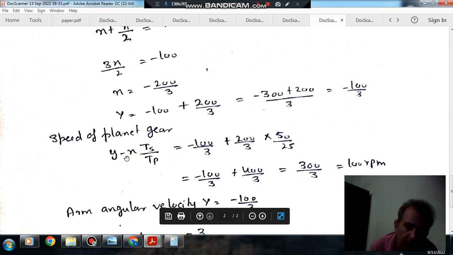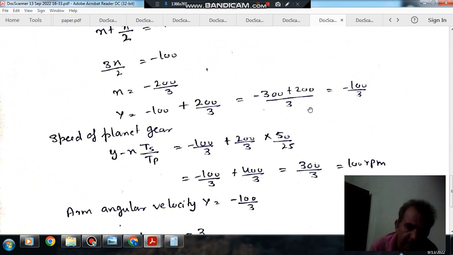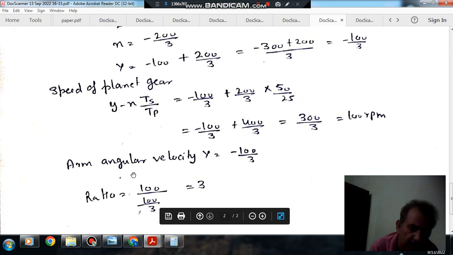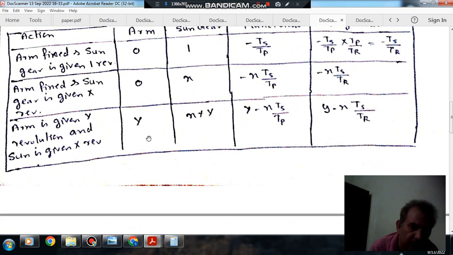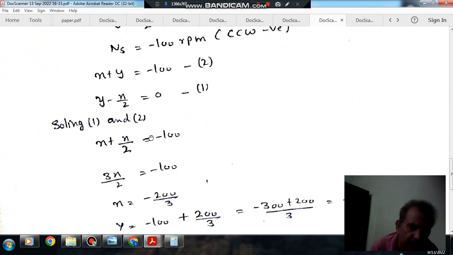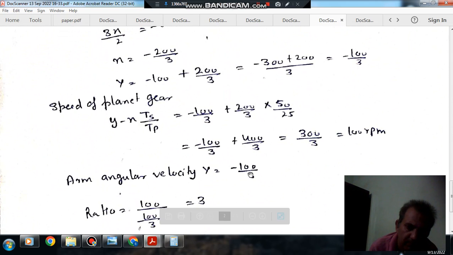Putting Y as minus 100 by 3 and X as minus 200 by 3, this will be plus. We get planet revolution as 100 rpm, and the arm angular velocity is minus 100 by 3, because arm revolution is only Y.